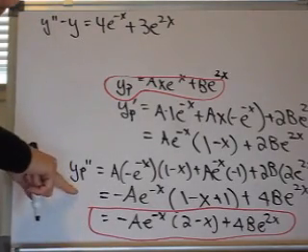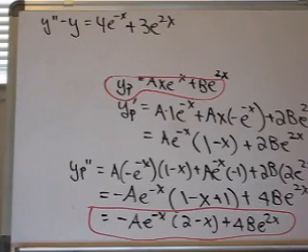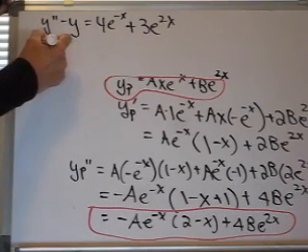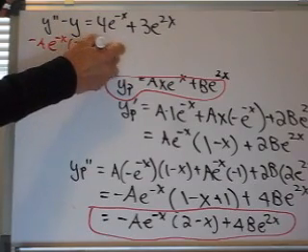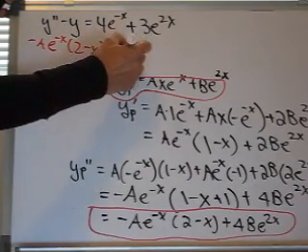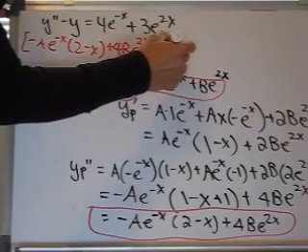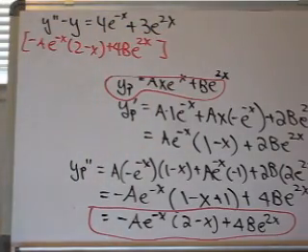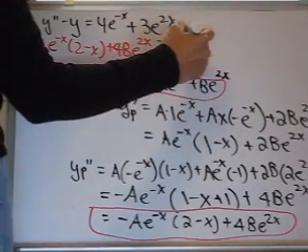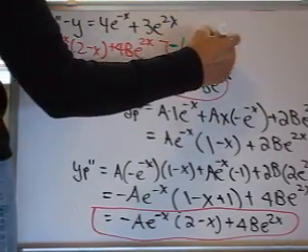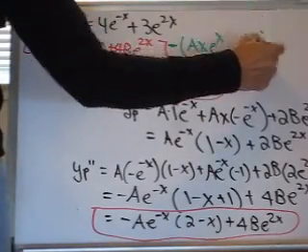If I substitute yp double prime in for y double prime, I get a negative a e to the negative x times 2 minus x plus 4b e to the 2x, minus what I get when I plug yp in, and that's going to be ax e to the x plus b e to the 2x.